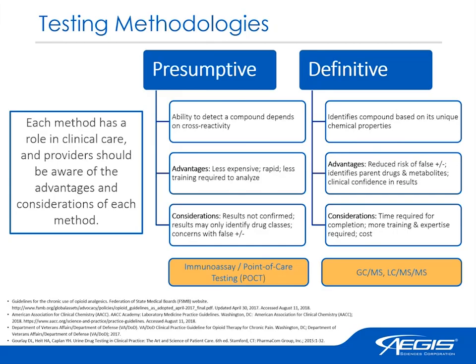While definitive testing takes more time to complete and requires specially trained scientists to perform the testing, it does provide clinicians with clinical confidence in the results. Again, each method does have a role in clinical care. This is just to help clinicians be aware of the advantages and considerations of each type of testing.